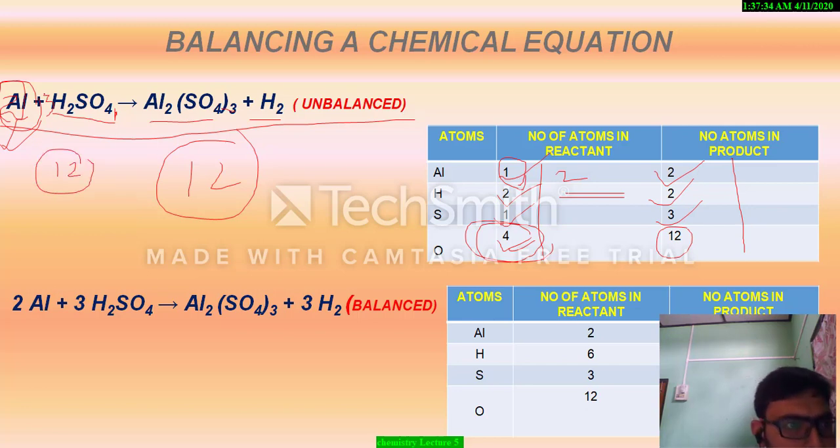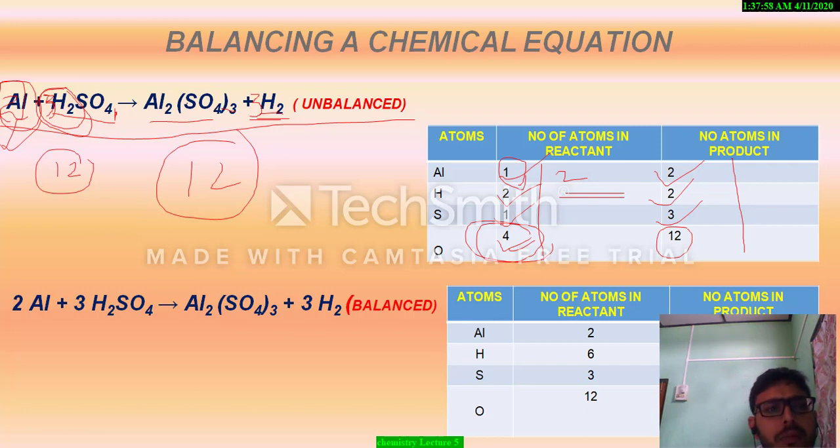But after putting this 3, you can see there are 6 hydrogen atoms which need to be balanced again. After putting this 3, the total number of hydrogen atoms in the reactant side is now 6, but in the product side it is still 2. So one more 3 I can put.